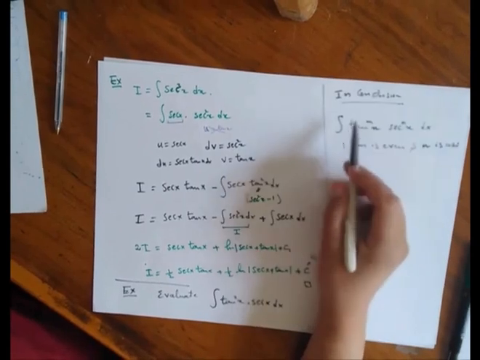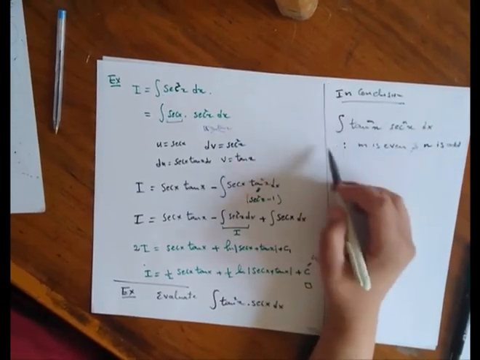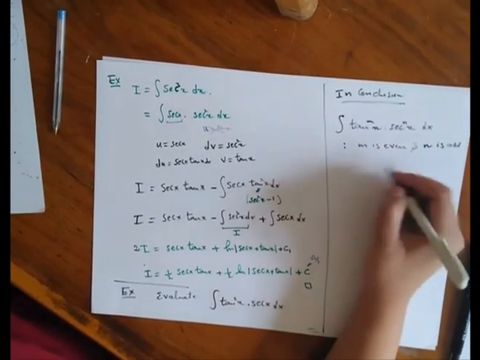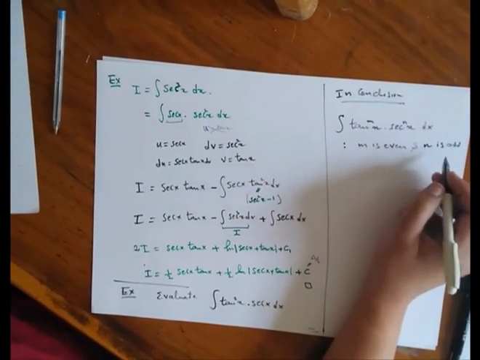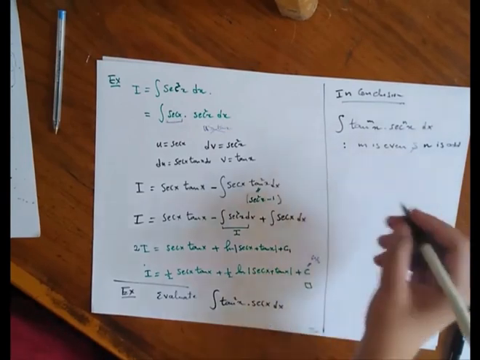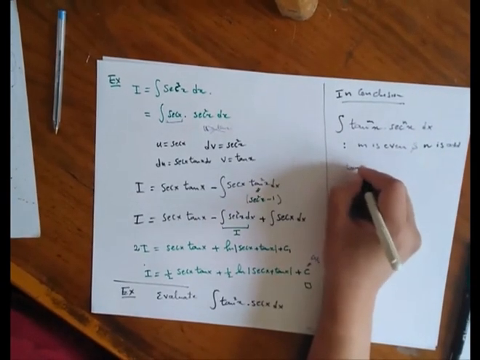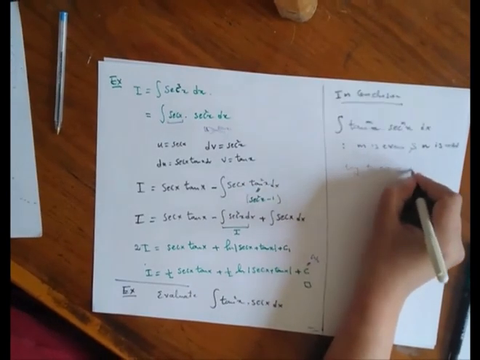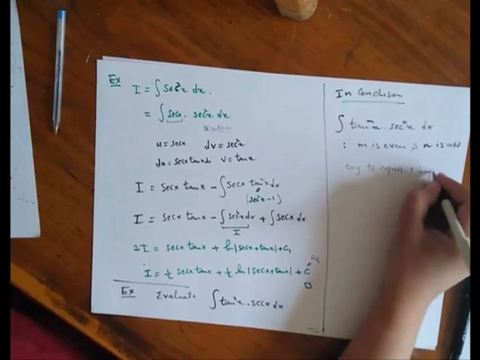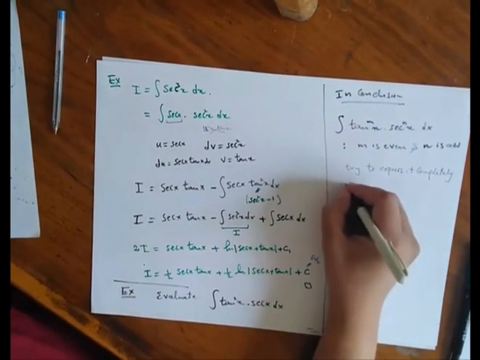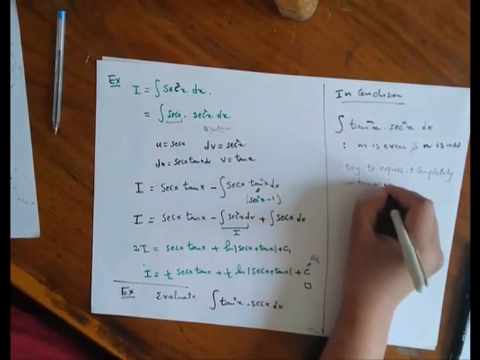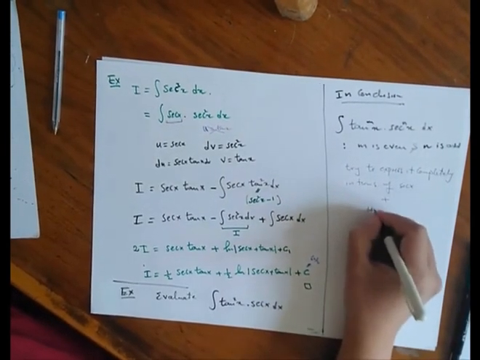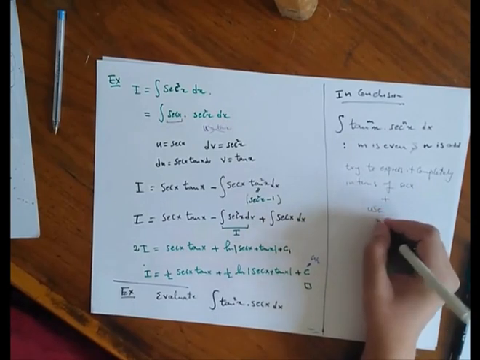So in conclusion, the integral of tan x to the power m times secant x to the power n, where m is even and n is odd, can be attacked in this way: you try to express it completely in terms of the secant, and then use integration by parts.